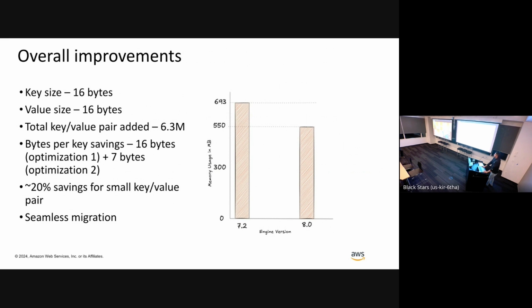And I was able to add the same data to a Valkey 8.0 node, and the observation was that memory utilization in Valkey 7.2 was 693 MB, and in 8.0 the same set of data becomes 550 MB. This is with both the optimizations; we save around 20% for these small key-value pairs. And for me, the best part is that you don't need to make any configuration change of any sort to get these benefits. Rather, you just do an upgrade and it seamlessly shows up, and you get all the benefits.